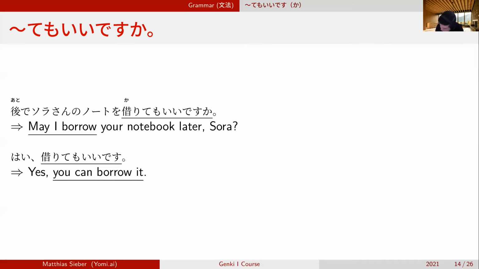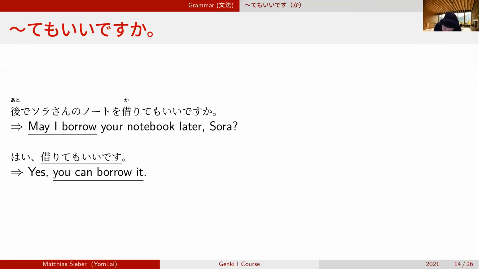Is it okay to close the window? That would be nanaban. Aircon o keshite mo ii desu ka? Is it okay to turn off the air conditioner? Now, to close the window, we have mado o shimeru.